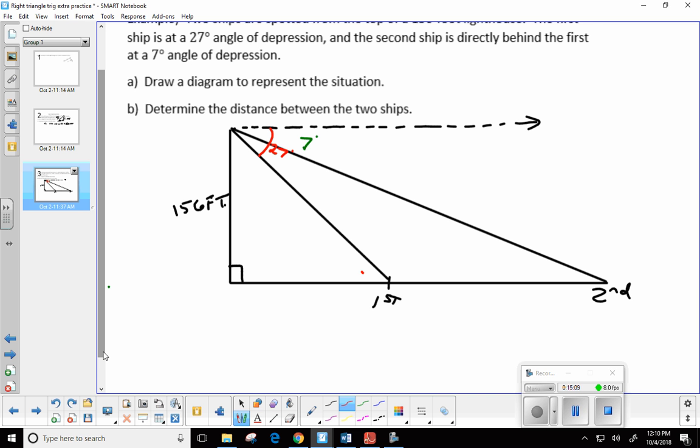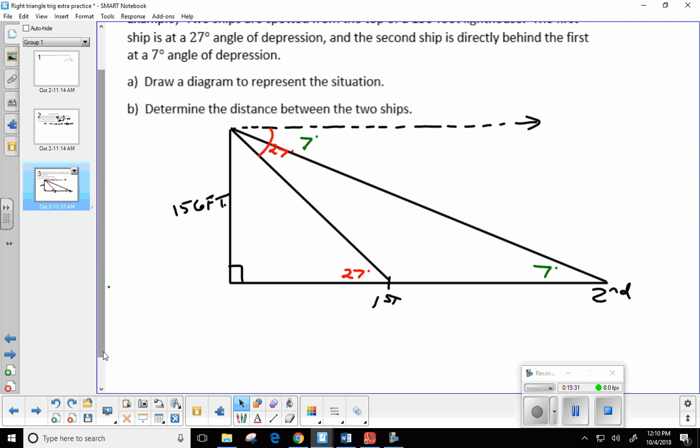I'm sorry? 45? No, it's not 45. We actually already have it. It's not 56. It would be 27 degrees. What would this other angle over here be? That would be 7 degrees, yes.